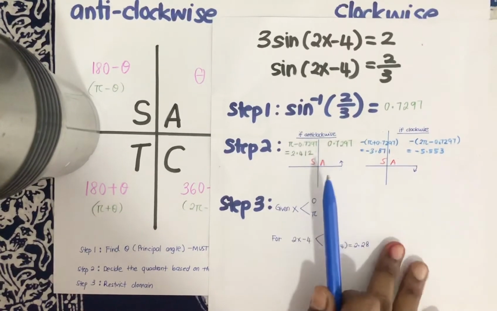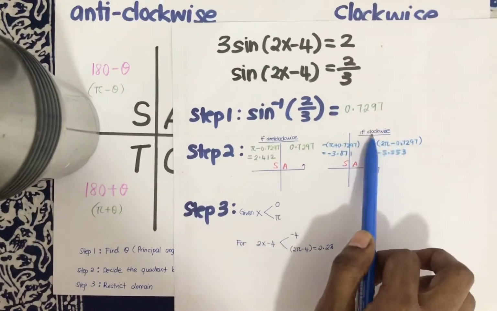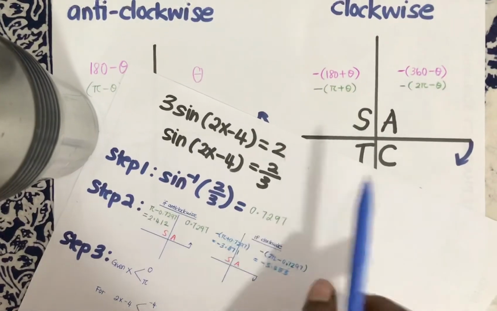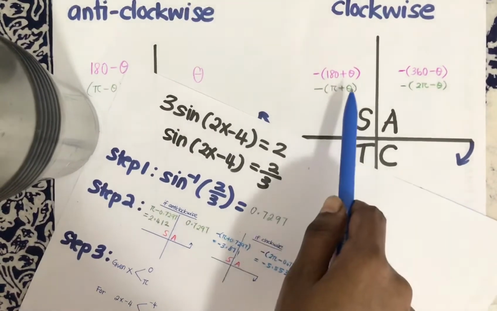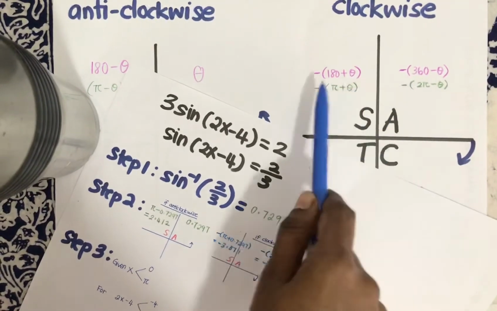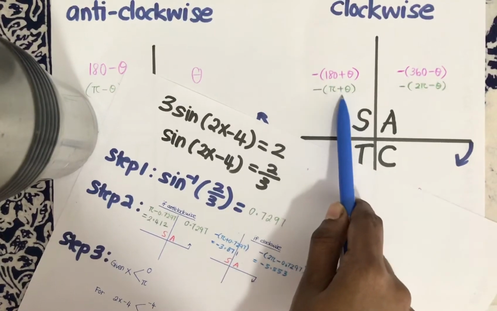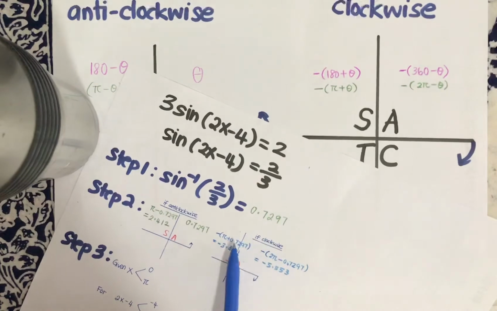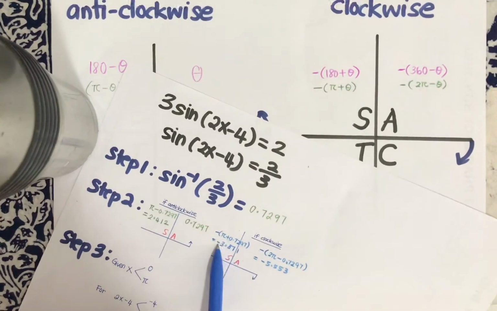But now, what happens if I go clockwise? If I go clockwise, I have to choose the sign to be positive here and here. So I did the same thing. Pi plus my principal angle 0.7297, and then I put a minus. I got it here.